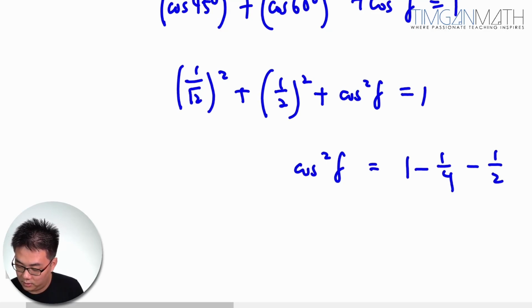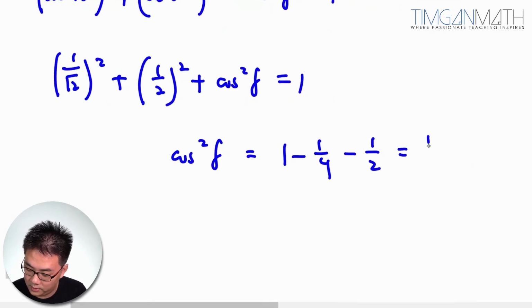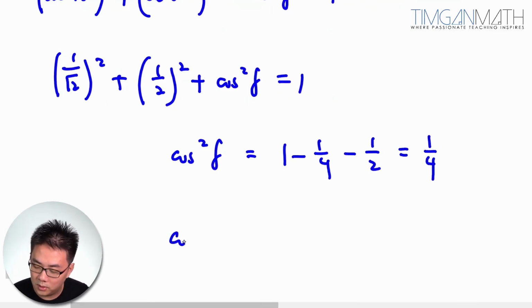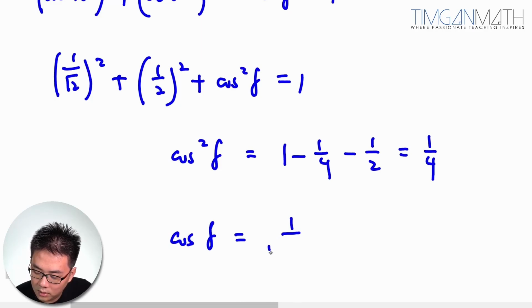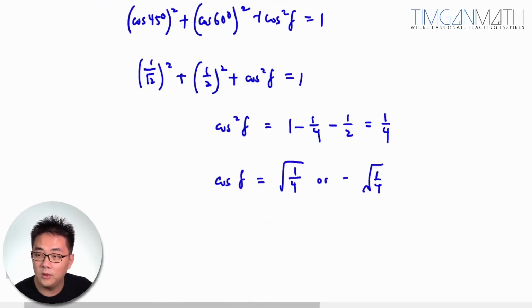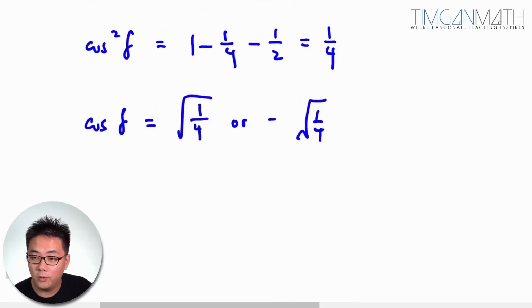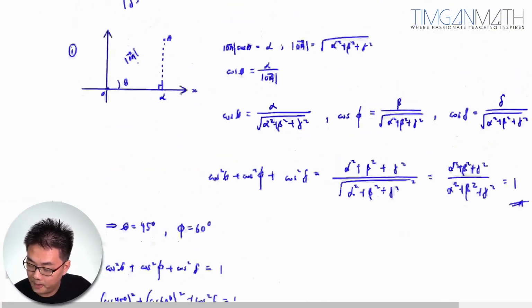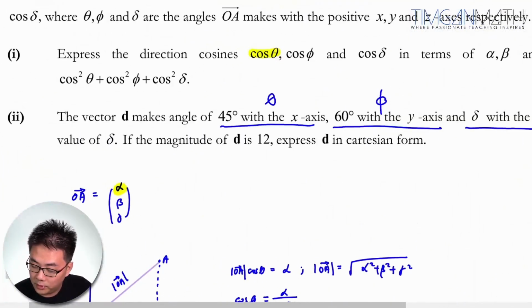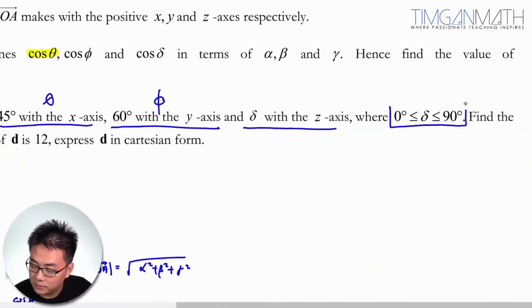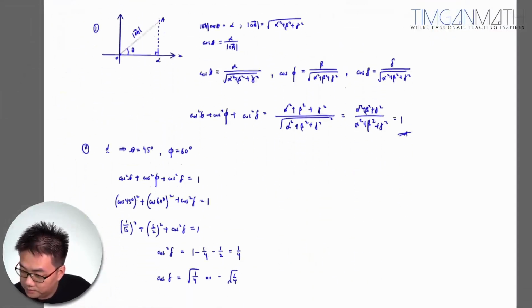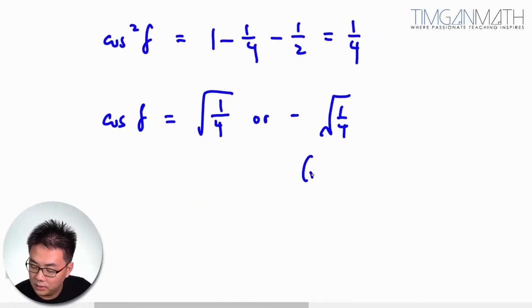So cosine sigma is 1 over root 4 or negative 1 over root 4, but you reject the negative because sigma is in the first quadrant, where cosine is positive.